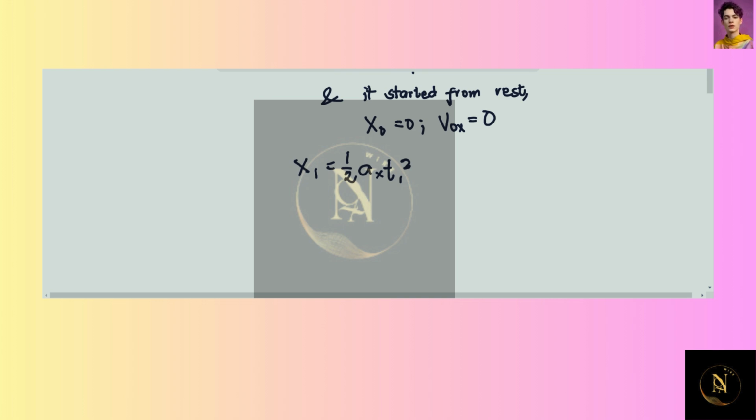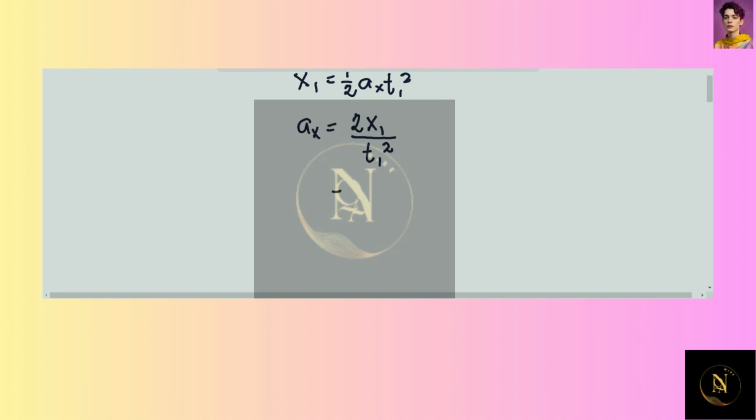Isolating a sub x to the left side of the equation, we have a sub x is equal to 2 multiplied by x sub 1 over t sub 1 squared.